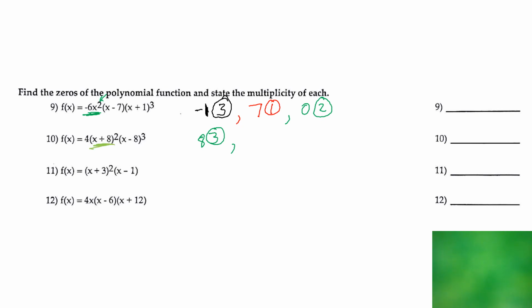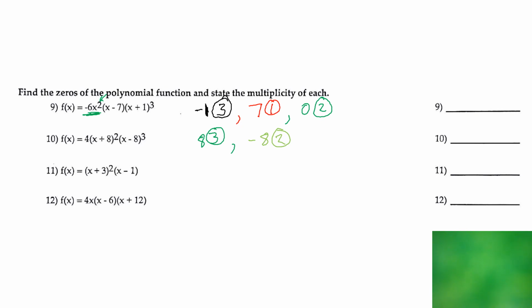On the next one, negative 8 is the root, and 2 is the multiplicity. But notice what happens here. This time, this 4 doesn't even have an x, so there's no root associated with it.